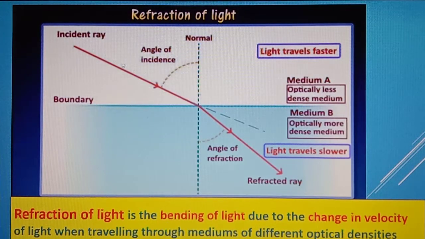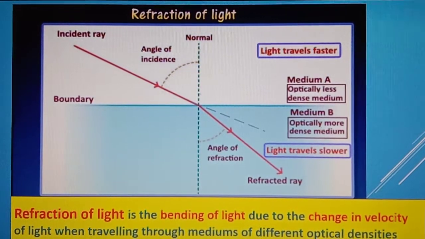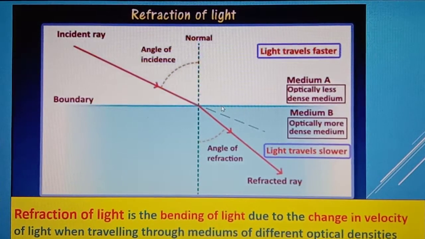Look at this ray diagram. So this is the incident ray, maybe coming from a ray box, incident towards a glass block. So you can see the light ray travels from air to glass. The line that separates the two mediums, the less dense medium, you can say air, and the denser medium, for example glass, is a boundary line that separates the two mediums.